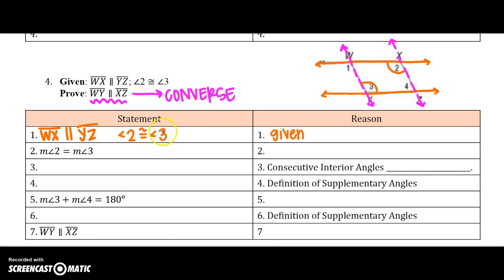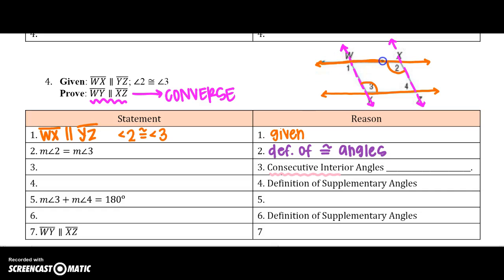So I have 2 and 3 are congruent. So I also have 2 is equal to 3, which is, remember, the definition of congruent angles. And I use that maybe because I might need to use it in an equation. All right, so I'm looking over here at consecutive interior angles. So I'm looking at my orange parallel lines, and I'm trying to see, do I have two angles that are consecutive angles according to my orange line?